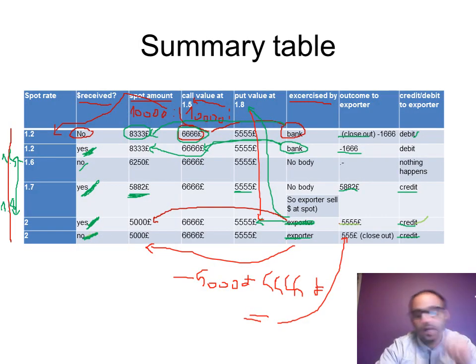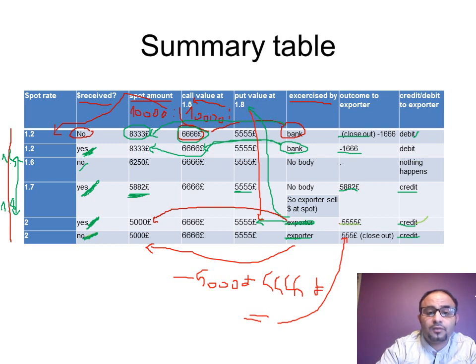So let's consider a summary table using different spot rates ranging from $1.2 to the pound to $2 to the pound. On the row side, we have whether the money has been received or not.